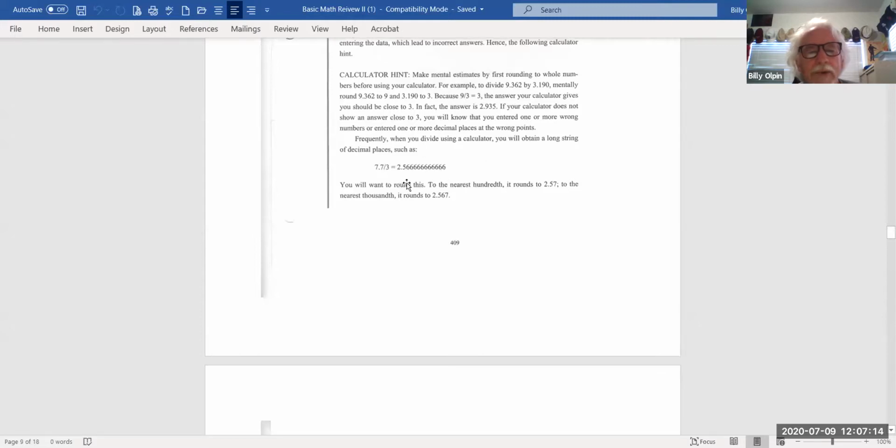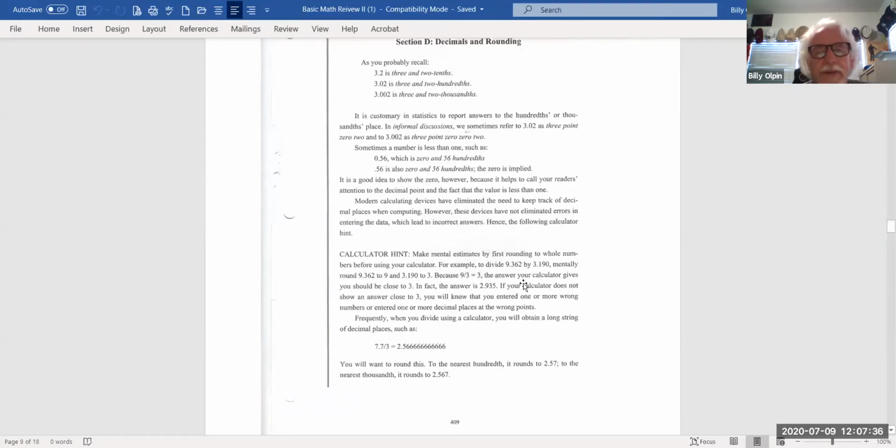Here you go, 7.7 divided by 3 is 2.56666666, right? So this becomes 2.57 for our purposes. This is how you do it. You can also, as it says up here, use this hint.